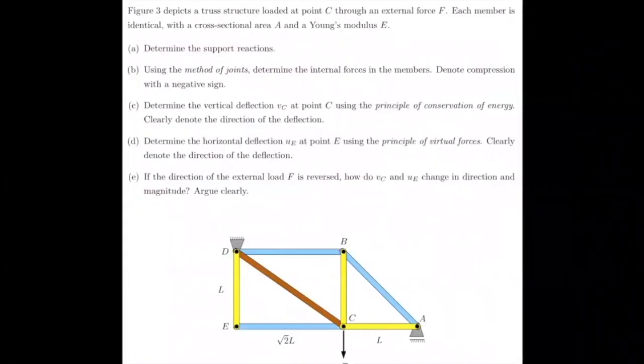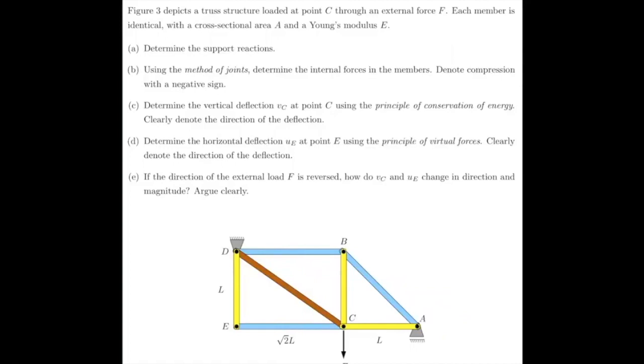The next one is about using the energy methods to calculate the deflection of a structure. It's essentially exactly the same as the examples we did in the lecture, so I don't think I have to go into details.